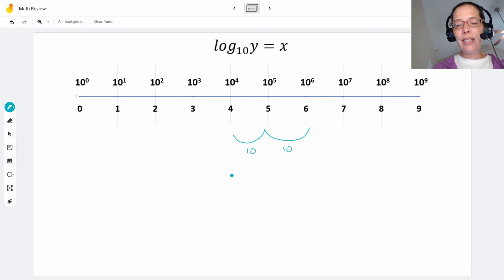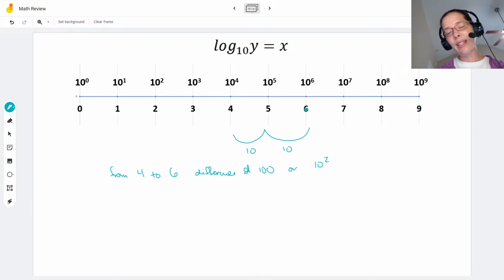So the difference from 4 to 6 is actually a difference of 100, or you can think of it as 10 squared. So there's your 2 that you go up, 4, 5, 6, but it's a logarithmic, it's an exponent. Again, logarithms, exponents, logarithms, exponents.